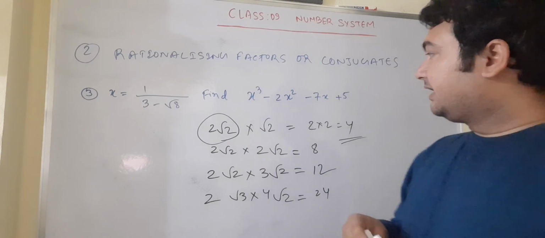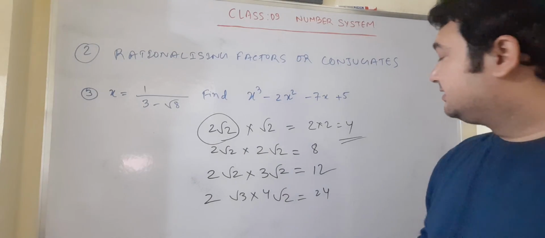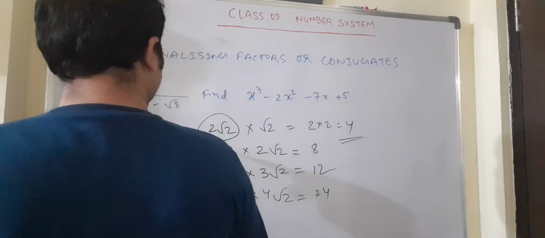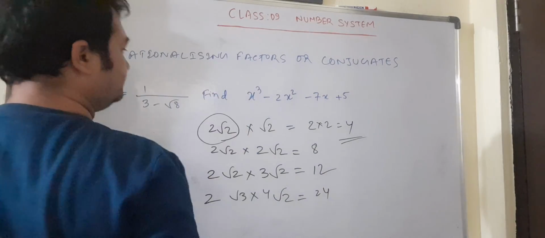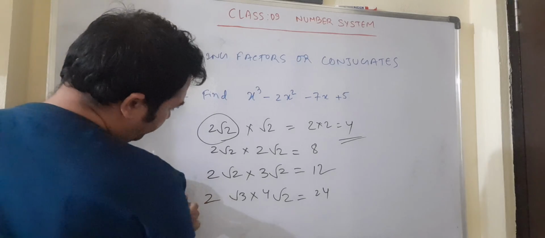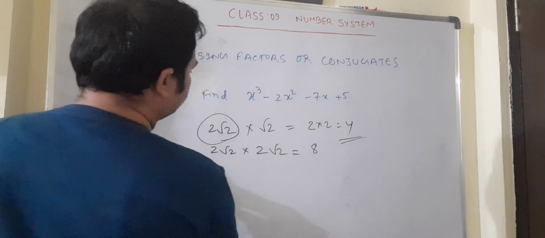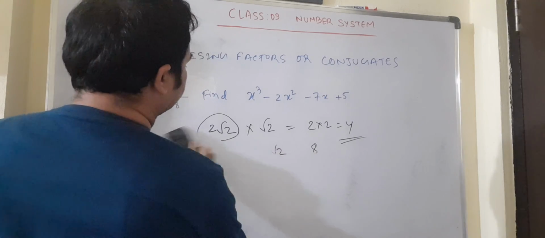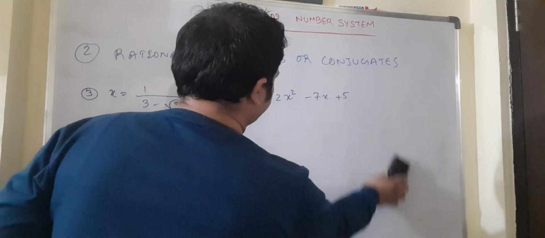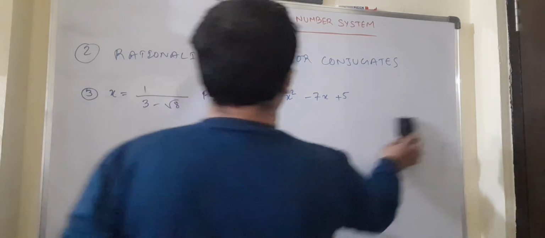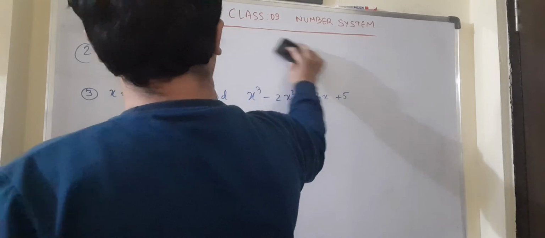So any number can have an infinite number of rationalizing factors. Remember, I am saying can have. So this is about the rationalizing factors or conjugates. I hope it is clear to you.